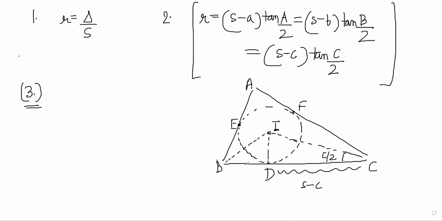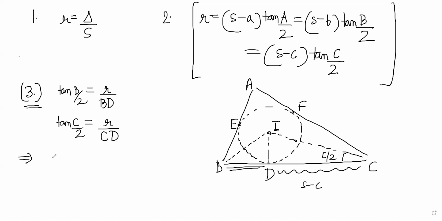The third result will come when you write BD and CD. We have already gotten that tan B by 2 is equal to R by BD. Tan C by 2 is equal to R by CD.